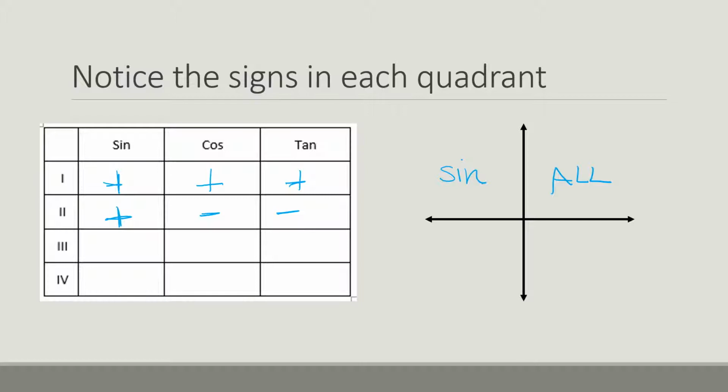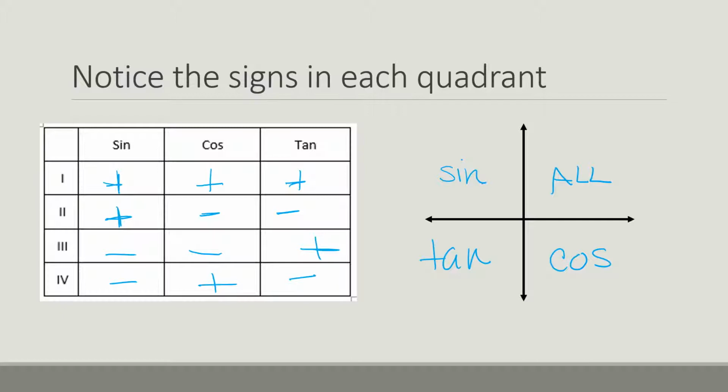So our sine was the only thing positive here. In this third quadrant, our tangent was the only thing that was positive. And lastly, in the fourth quadrant, our cosine was the only thing that was positive.